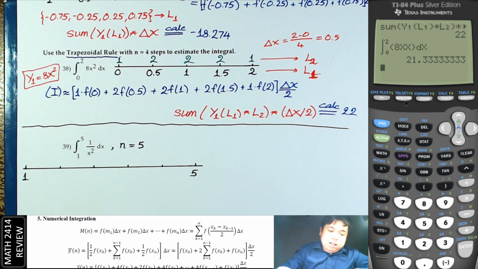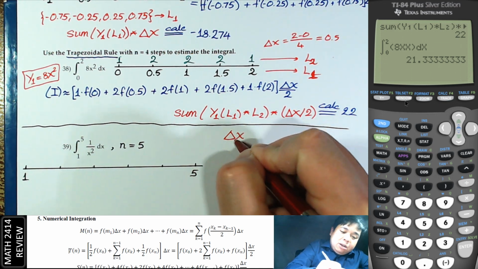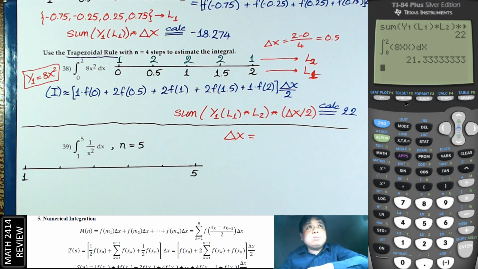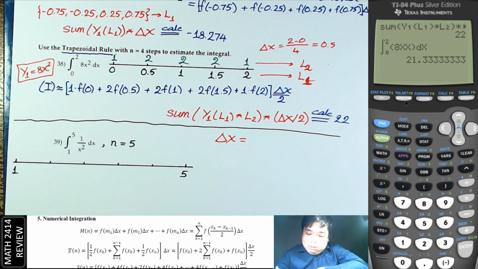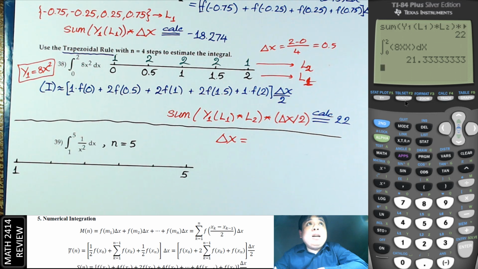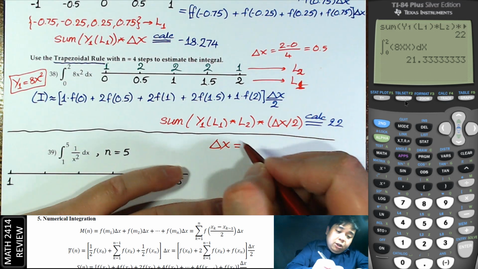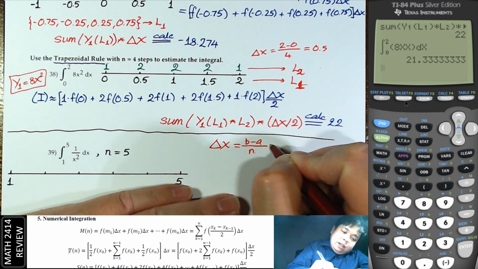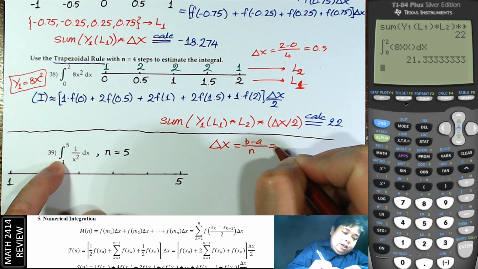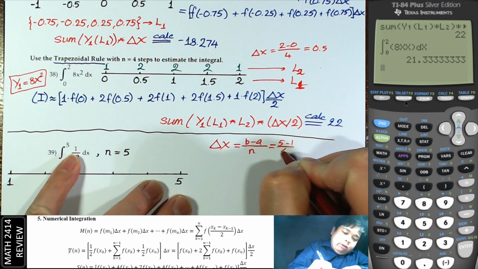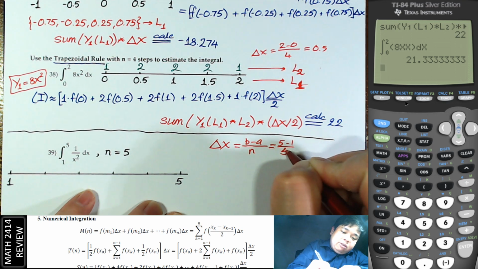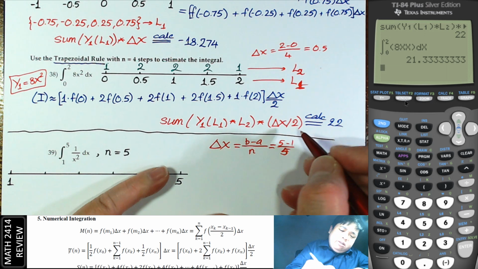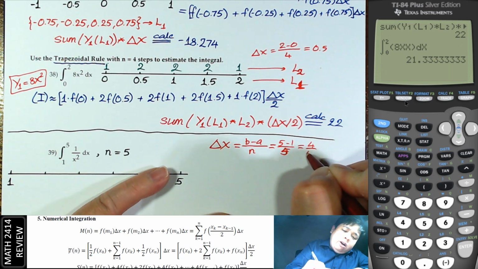Delta x, the width of a sub-interval, is equal to b minus a over n, 5 minus 1 over 5. I mean n is 5 this time. I just want to change so we have different numbers. So 4 over 5 is 0.8.